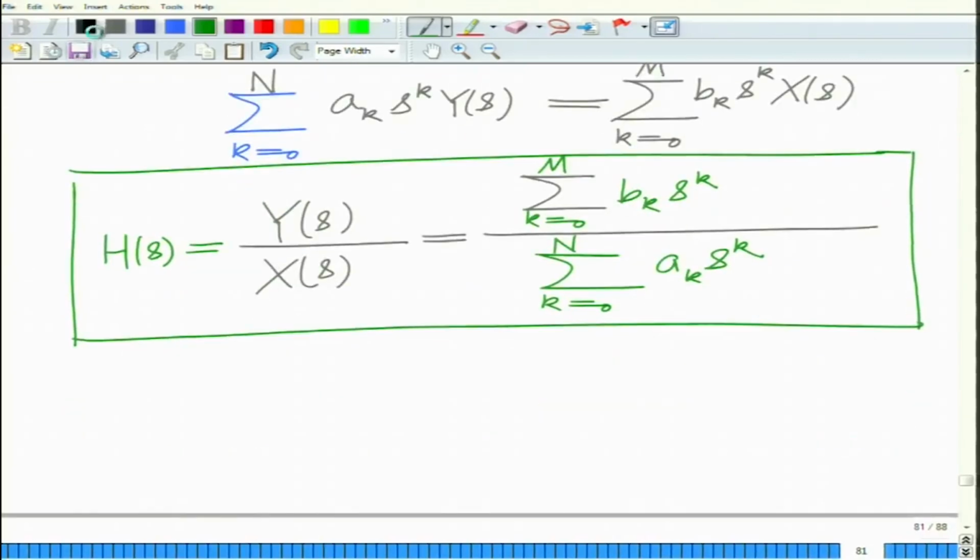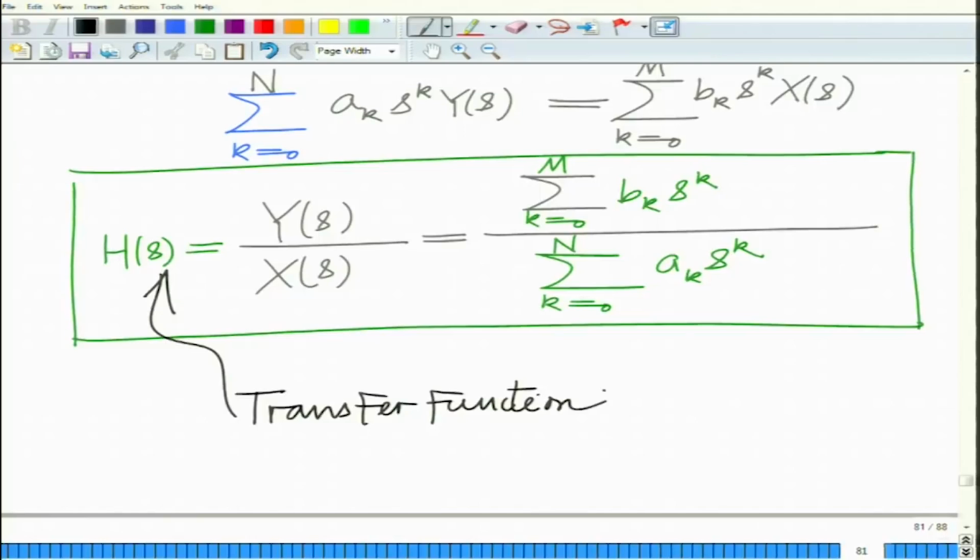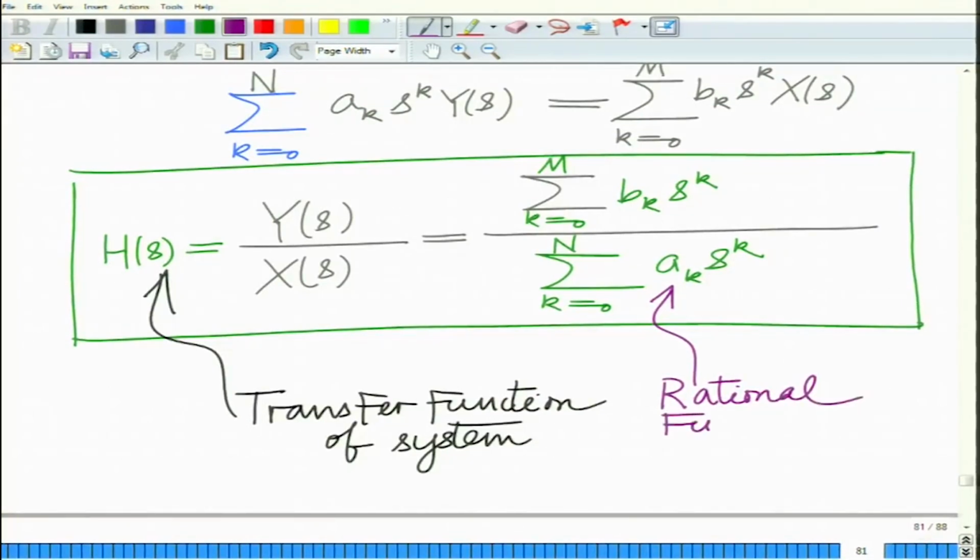So, this is the transfer function of the system, and remember this is a rational function. You can clearly see that this is a rational function.